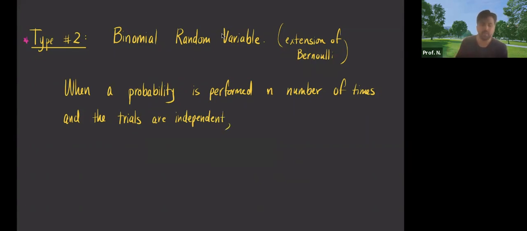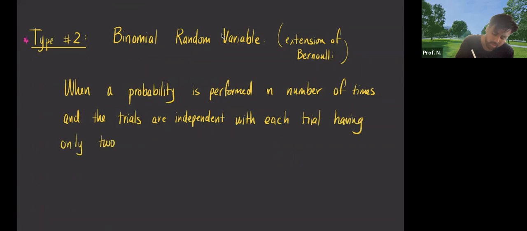When we have experiments whose outcome does not affect the next time you perform it, right? They're independent. We have what's called a binomial random variable. So when a probability experiment is performed and the trials are independent, with each trial having only 2 outcomes, we have the following.